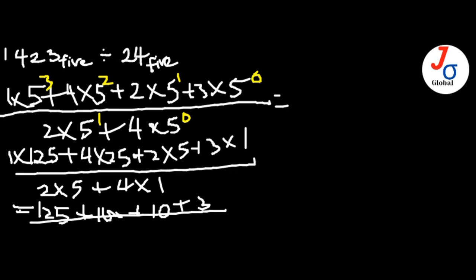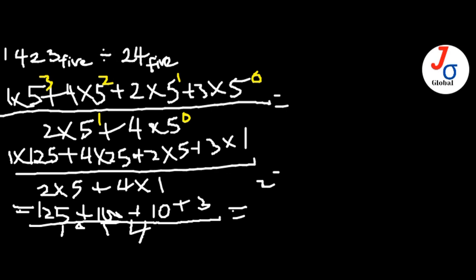Then divided by 2 times 5 is 10 plus 4. So what we got here is 125 plus 100 plus 10 plus 3, so our total is 238, divided by 10 plus 4 is 14.